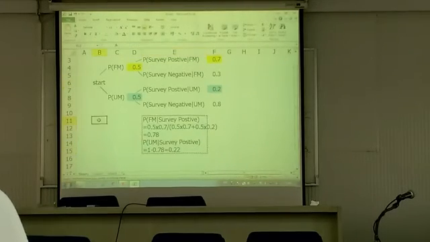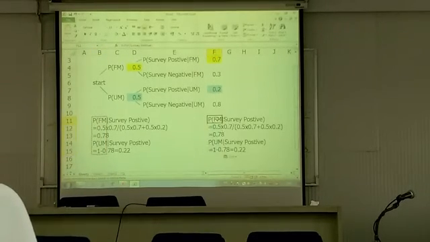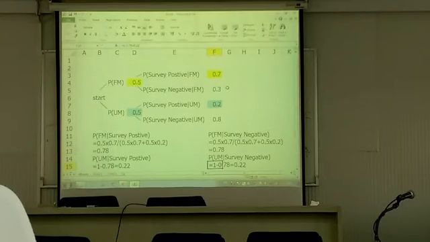Same thing for the other one. Okay. Copy this. Okay, I'm going to change this to now the survey result is negative. Change this to negative. Okay. So when this is negative, we're going to use this red one and this one first, right?